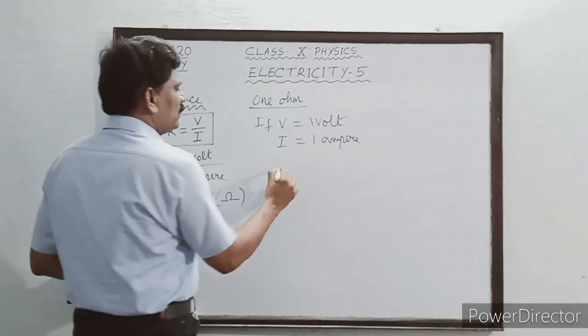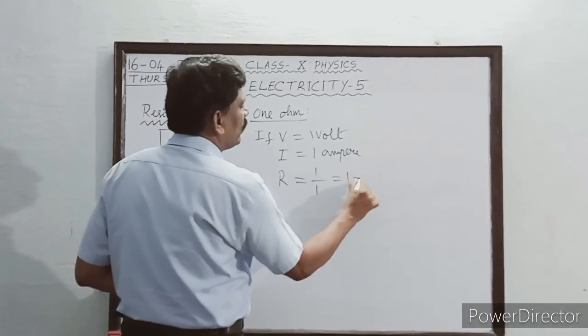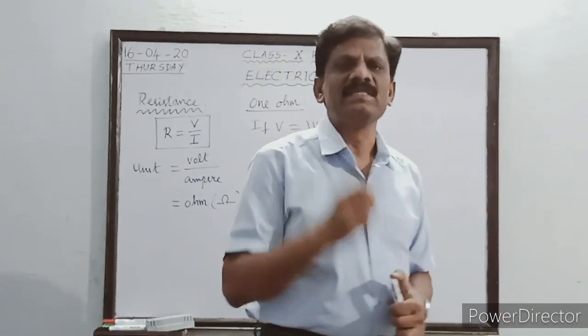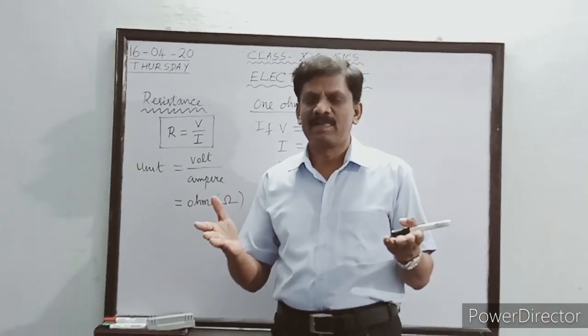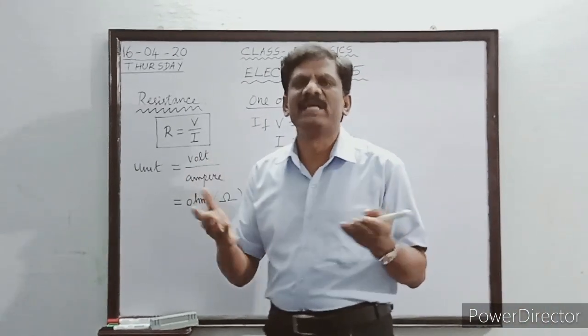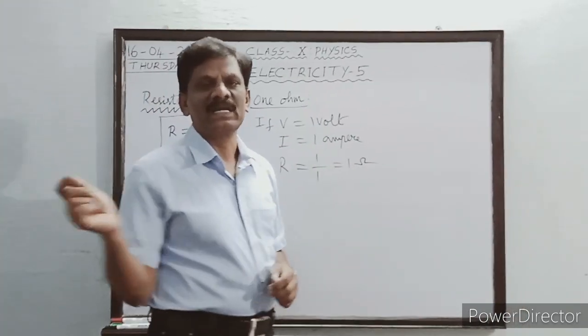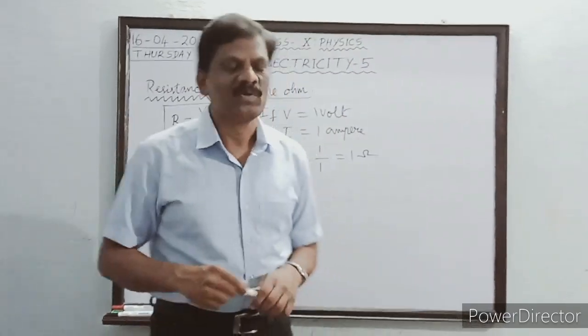Yes, good. R is equal to 1 by 1, that is equal to 1 ohm. So 1 ohm is the opposition offered by a conductor when the potential difference across the conductor is 1 volt and when 1 ampere current flows through the conductor. Have you all understood? Okay.